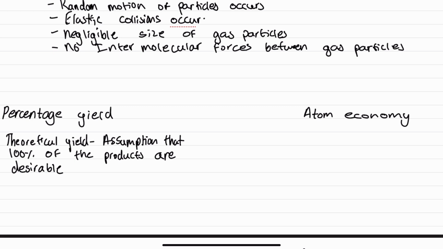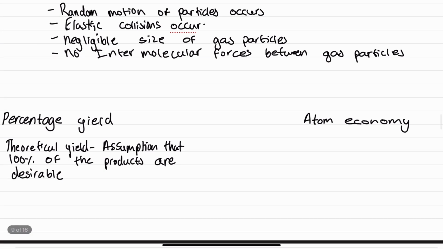For instance, for something such as photosynthesis to occur, what photosynthesis requires is oxygen, and it produces carbon dioxide as a byproduct. If carbon dioxide was not produced and purely just energy was produced during photosynthesis for the plant, then that will have a 100% percentage yield.